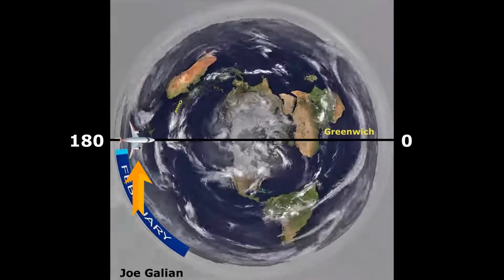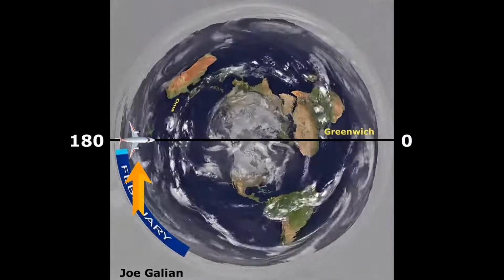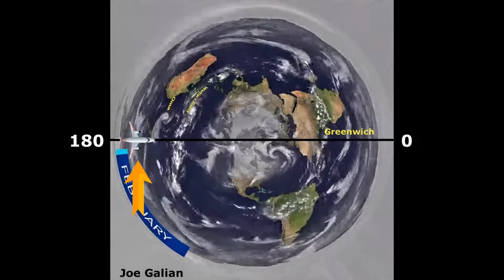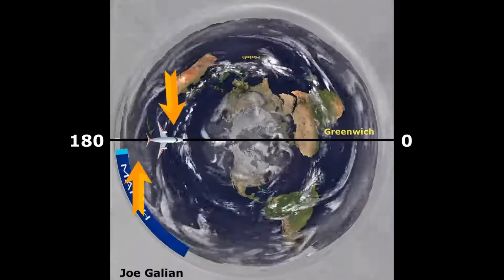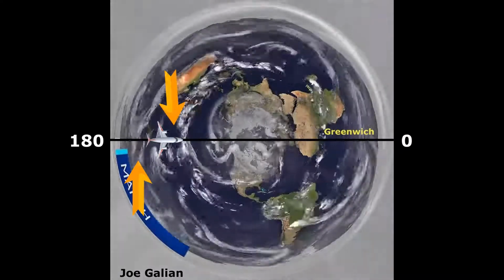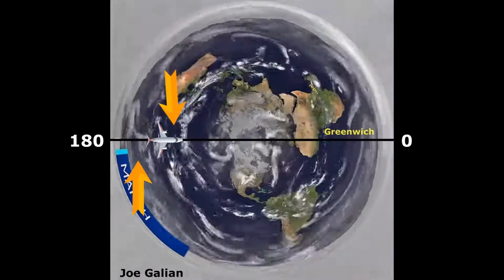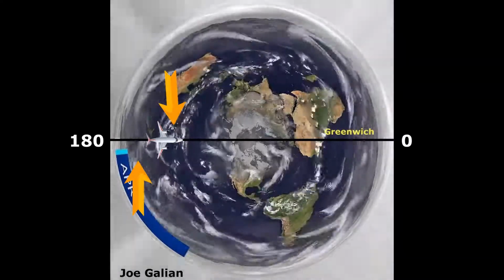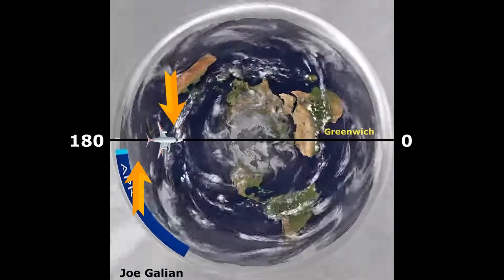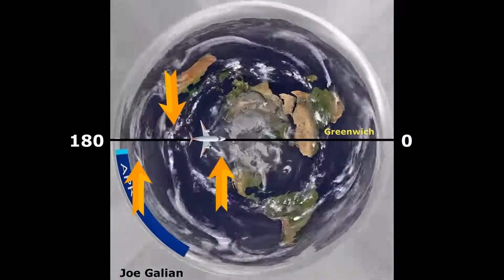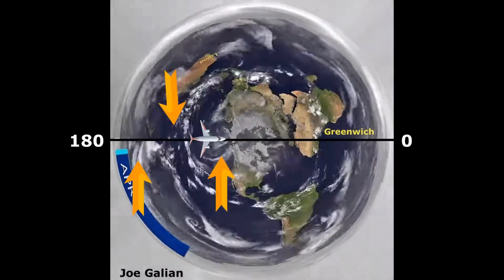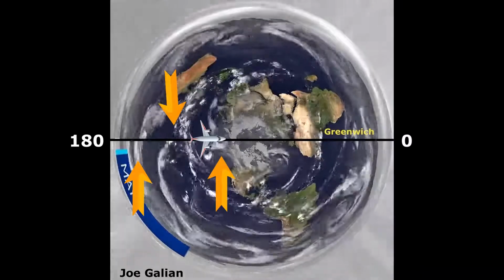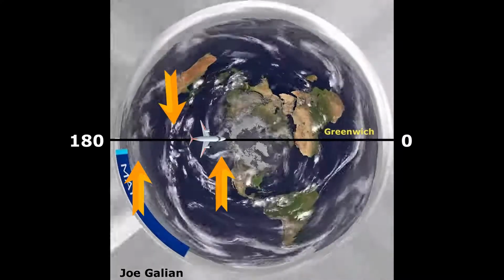Right now, winds are blowing from west to east, so the airplane is adjusting to the left. Now the airplane is flying through winds blowing from east to west, so the airplane is pushed to the east. At this point, the airplane is again flying through winds coming from west to east, so it makes adjustments to the west.